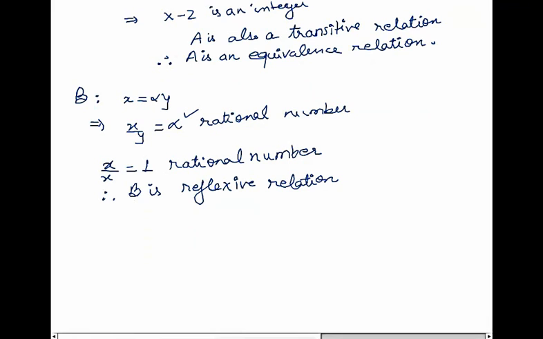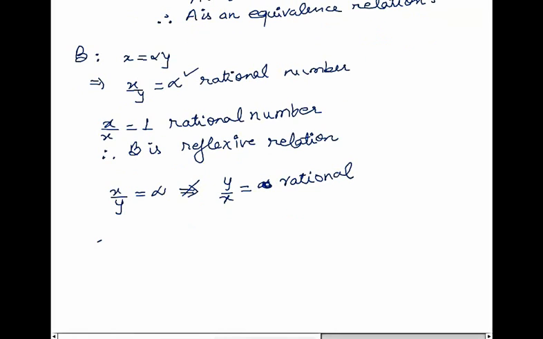Now if we have x over y equal to alpha, it does not imply that y over x will also be a rational number. It is not possible in every case. Say for instance we have x is equal to 0 and y is equal to some number like 2.